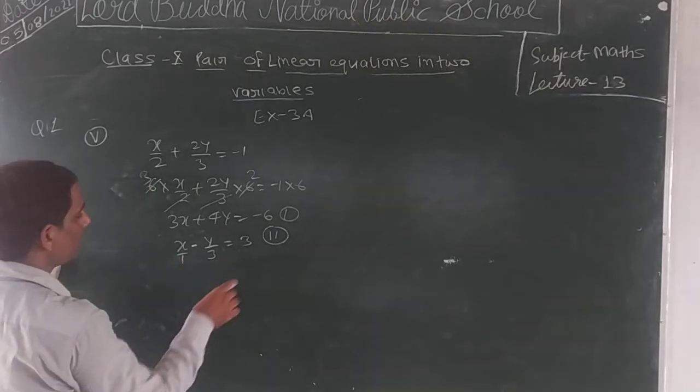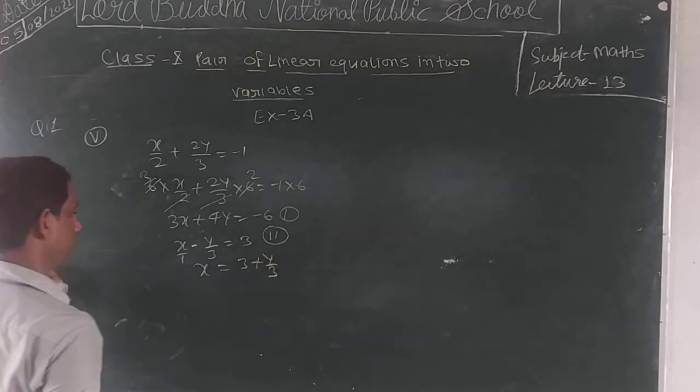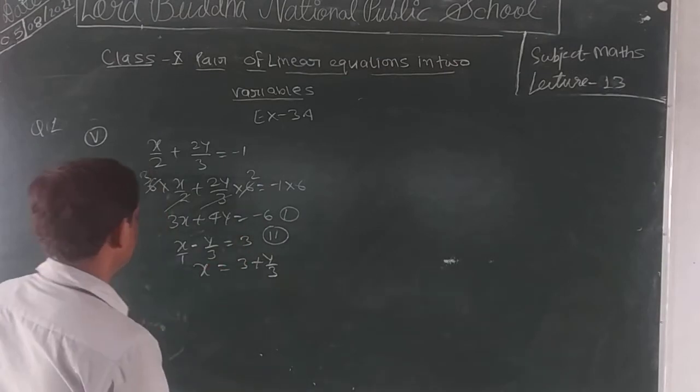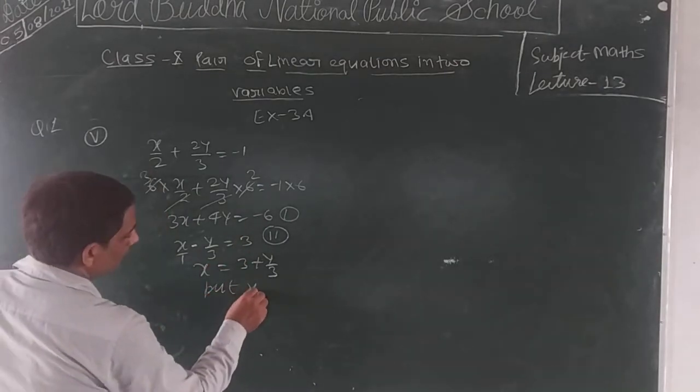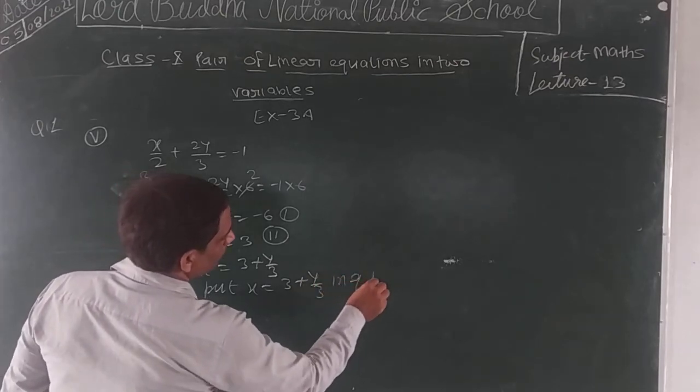The value of x in terms of y: x equal to (3 plus y) by 3. Now, we substitute this value in the first equation. Put x equal to (3 plus y) upon 3 in the first equation.